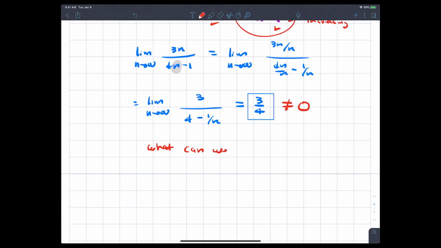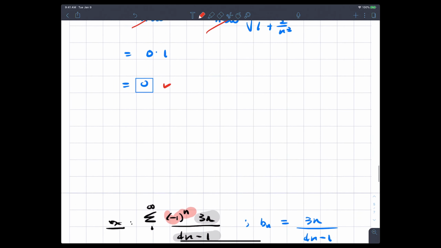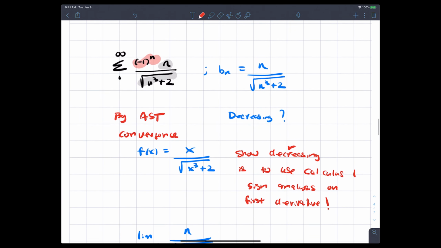What can we conclude? That's where we're really at here. This is a very good question. It's a very big deal. This is what we want to know. What does this mean? You cannot conclude that we have convergence.